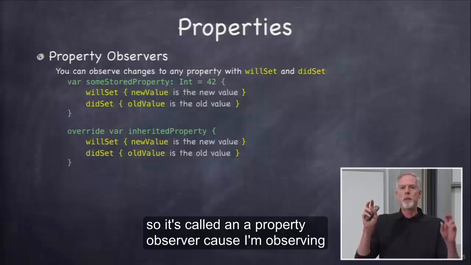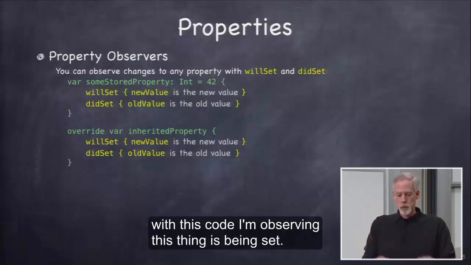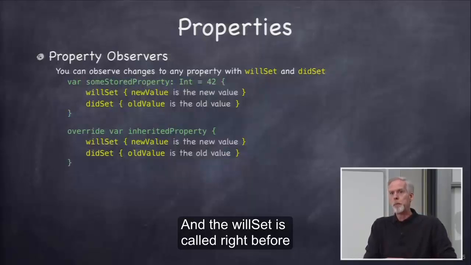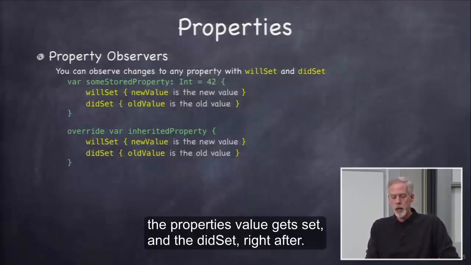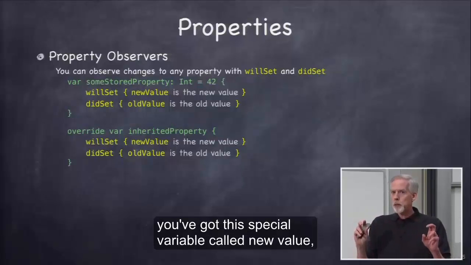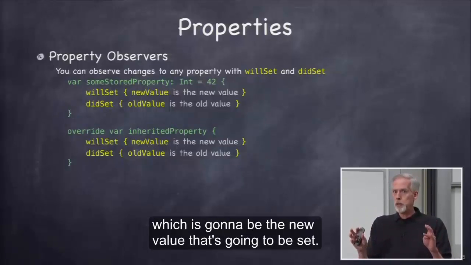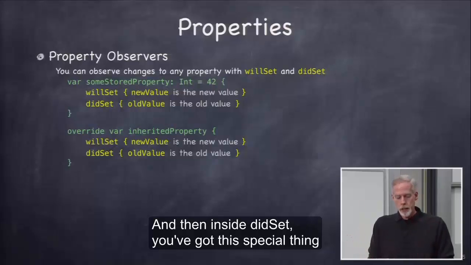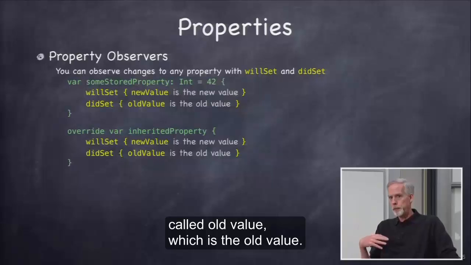So it's called a property observer because I'm observing, with this code, that this thing is being set. And the willSet is called right before the property's value gets set, and the didSet right after. And inside the willSet, you've got this special variable called newValue, which is going to be the new value that's going to be set. And then inside didSet, you've got this special thing called oldValue, which is the old value.